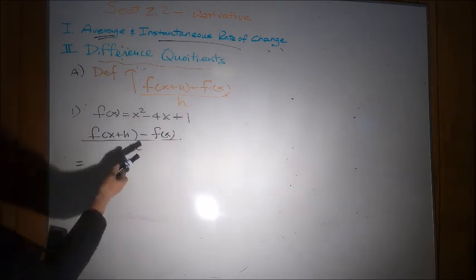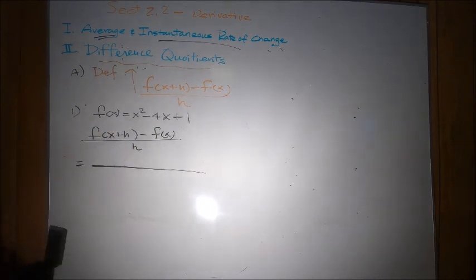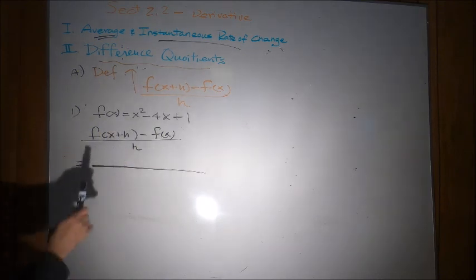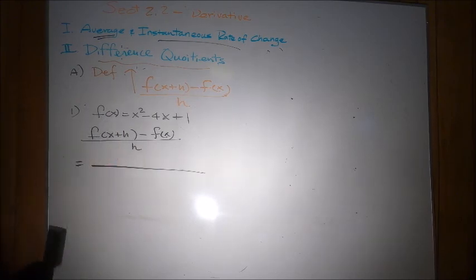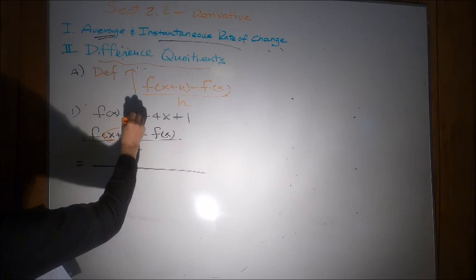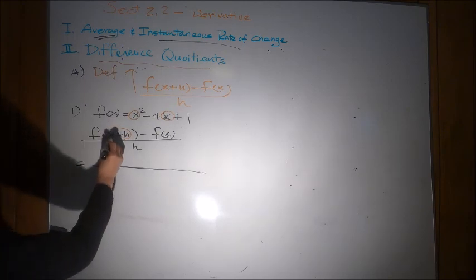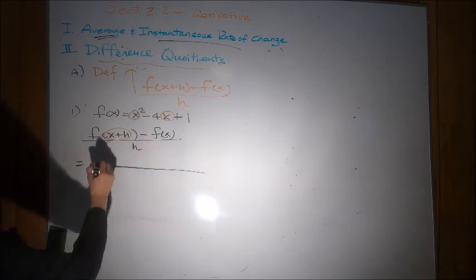So, difference quotient. How do you plug in x plus h? You just plug in what is given into the original function in place of x. So now it's x plus h instead of x.